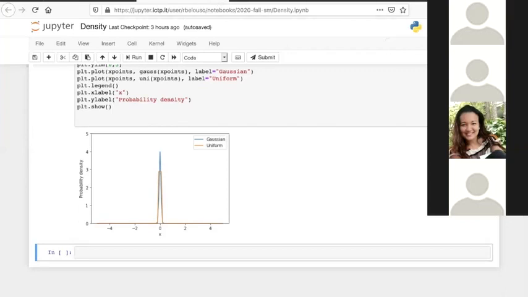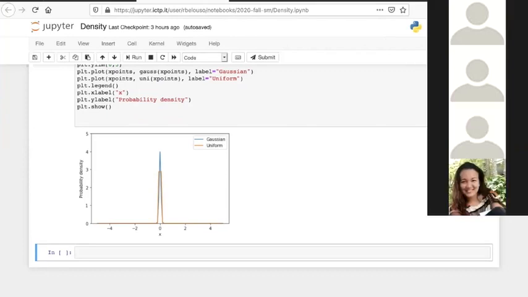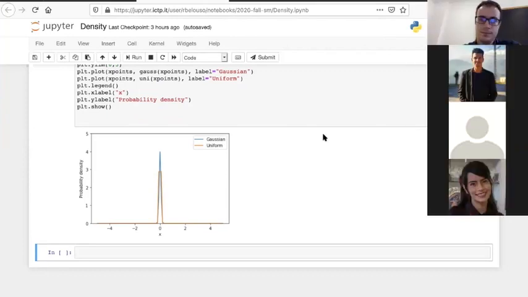For a uniform distribution, it should have an equal or constant density for all the points. But for this graph, does the standard deviation of the function define the range? Is it like that? Or the range of the interval? The range of interval.